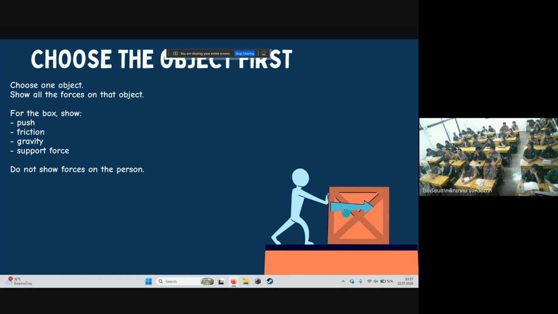So our object is the box. And we use the arrow on the box to show force. Do not show forces on the person. We show force only on the object.